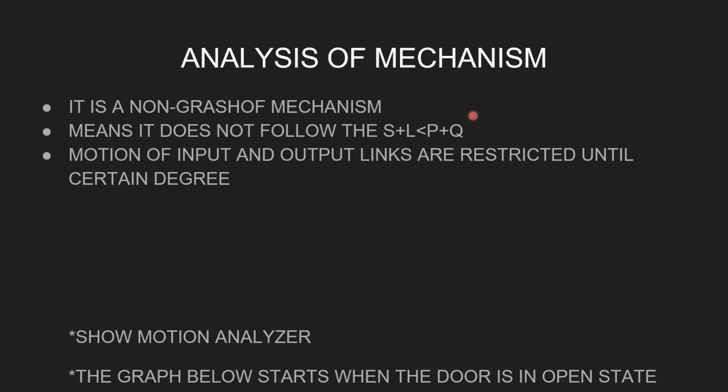So this mechanism that we designed does not follow the Grashof rule. By that, the motion of the input and output links is restricted to a certain degree. The restriction is determined by how much we want the door to open. In this case, it is 180 degrees for fully open and 0 degrees for fully closed, and the motion of the input link that is driven by the motor is restricted by that.